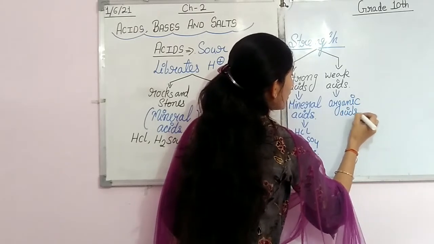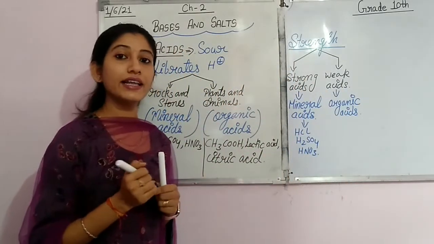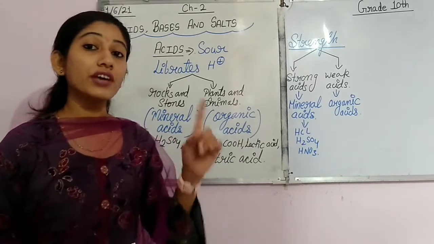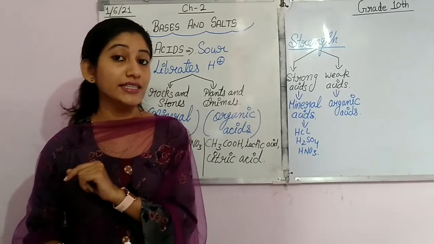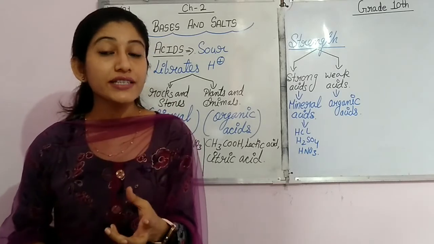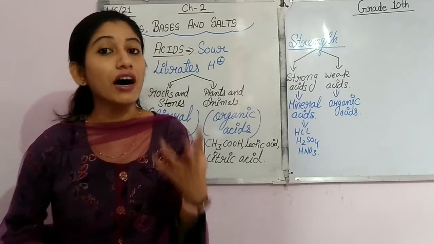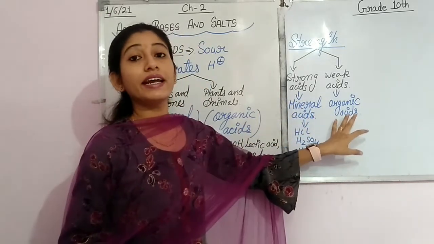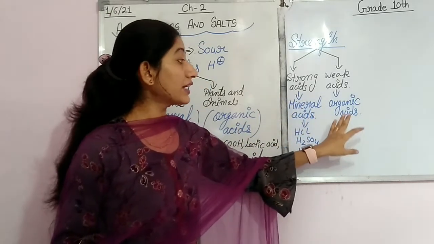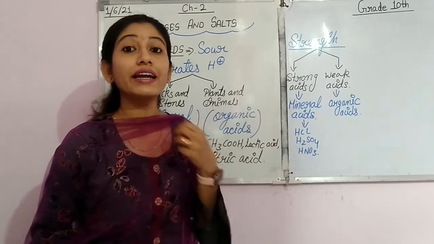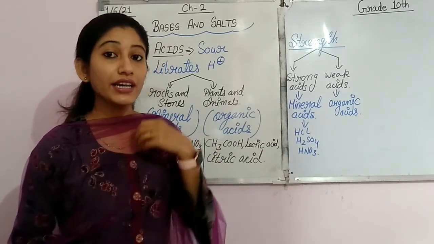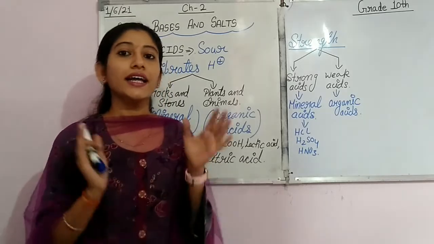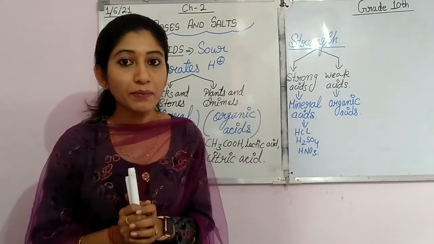Now just think over it, students. As I said that acids are sour in taste, and then I told you that we cannot taste the acids. We cannot taste every acid because many times they are very harmful for us. So this is the reason that the acids which we also call the edible acids, the acids that we can eat, come under the category of the organic acids, like lactic acid that is present in milk.